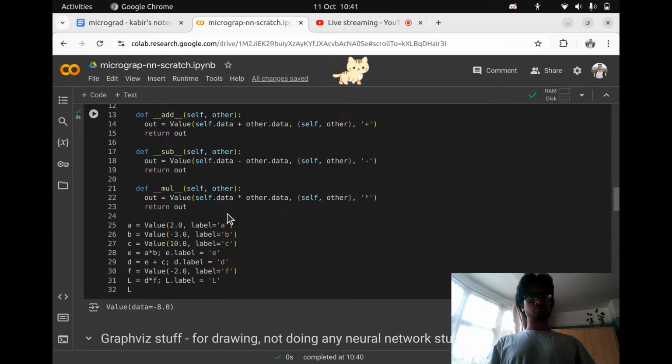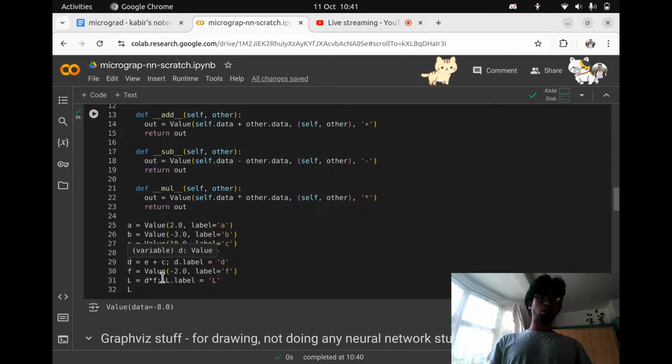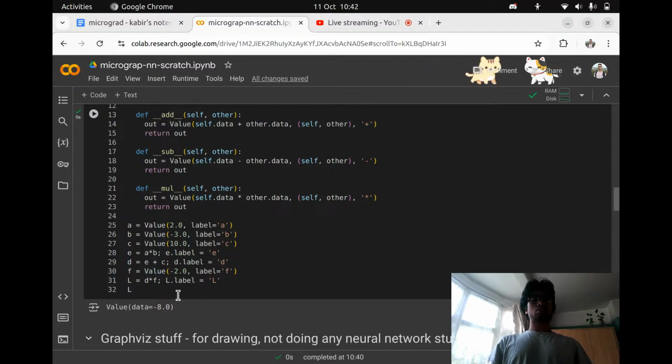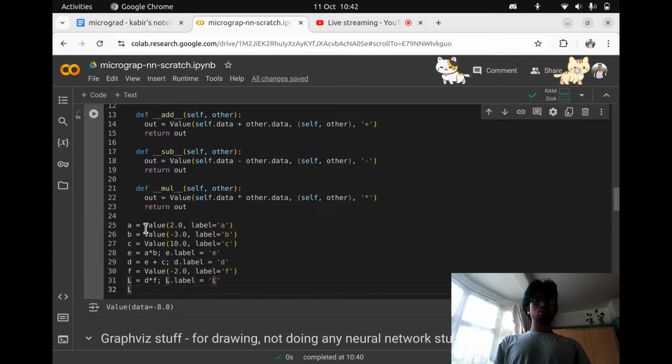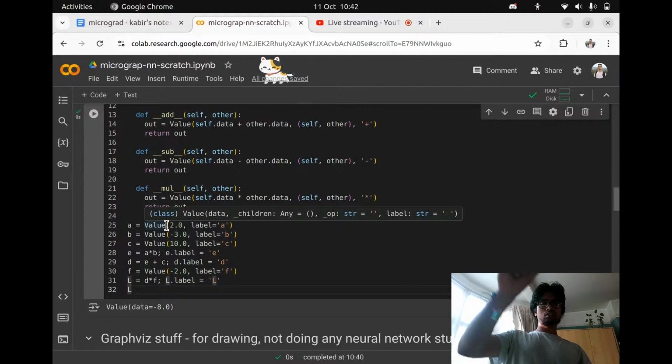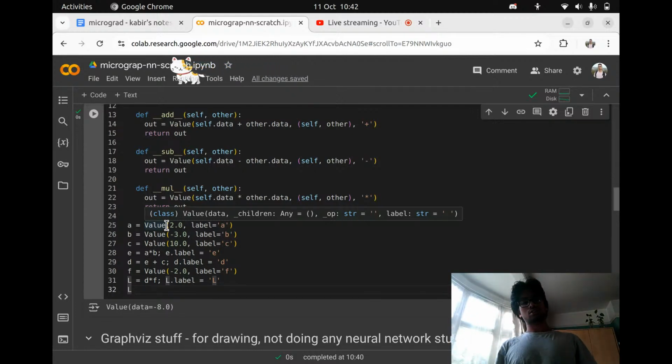The value of D is going to be E plus C. Then we have F, and L is going to be D times F. So it goes from A, then into E, and then into D, and then into L. Boom, boom, boom. That's what we're calling a forward pass, just a series of calculations.